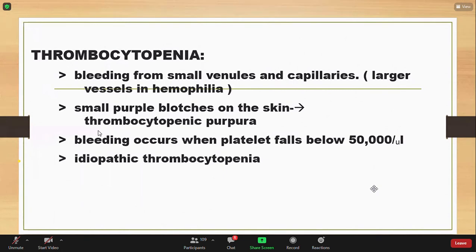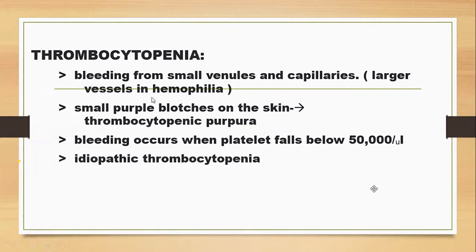Then bleeding occurs when platelets fall below 50,000 per microliter. What's the normal platelet count again? Can you still remember what we had the other day? 200 to 400. Okay, so that's between 250 to 400. So when the platelet count falls below 50, the patient is thrombocytopenic, and then bleeding occurs.